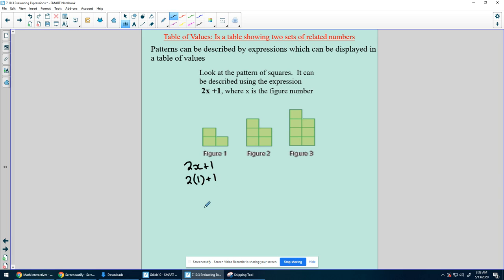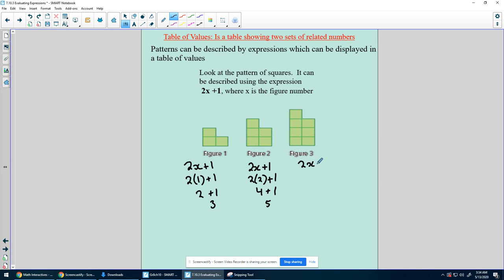We can substitute that in for our variable. 2 times 1 is 2, plus 1, which equals 3. Next one, 2x plus 1. Figure number is 2. Substitute that in using brackets. 2 times 2 is 4 plus 1. 4 plus 1 is 5.